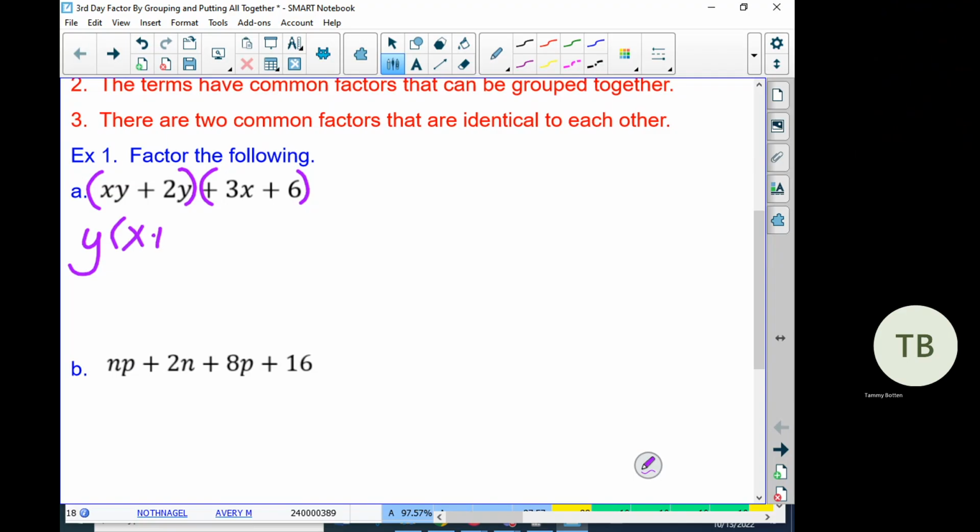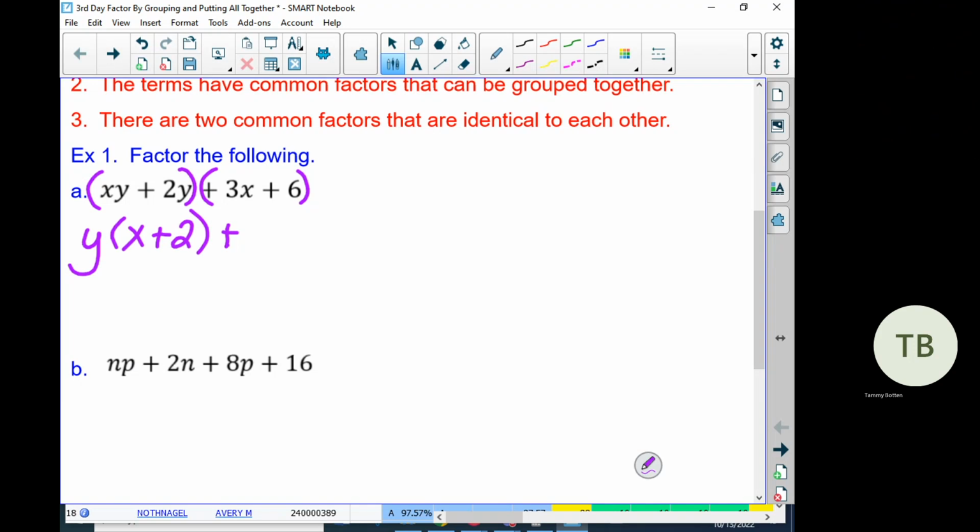Then this is a plus sign. And then I look at y times what gives me 2y, and I'd need a 2. Okay. Then there's usually a plus sign here.